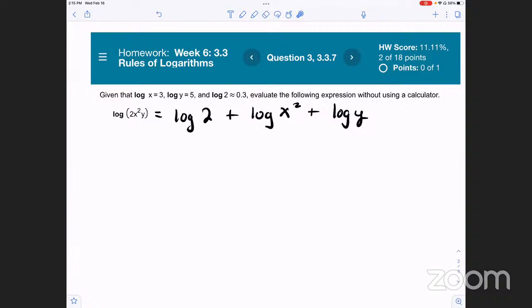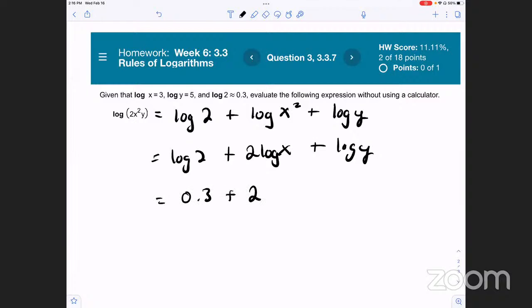So this is going to be log of 2 plus 2 times the log of x plus the log of y. The instructions say that the log of 2 is 0.3, the log of x is 3, and the log of y is 5. So 6 plus 5 is 11. This ultimately is going to be 11.3.